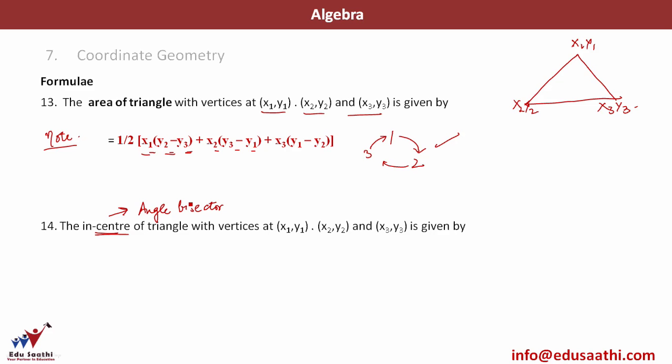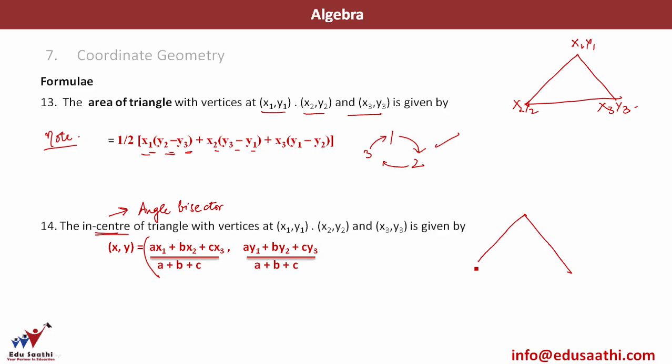But for the time being, I am only telling you how to find out the incenter using the coordinates. The formula that you would use would be (ax1 plus bx2 plus cx3) over (a plus b plus c), and (ay1 plus by2 plus cy3) over (a plus b plus c).